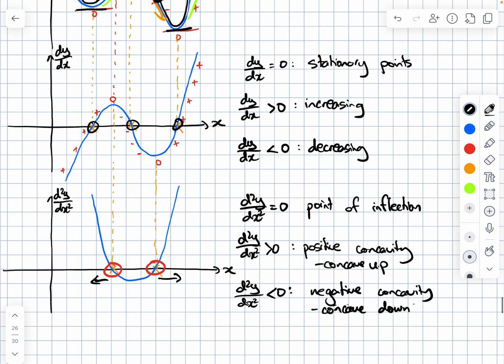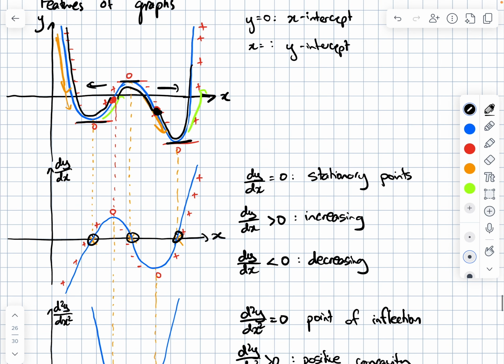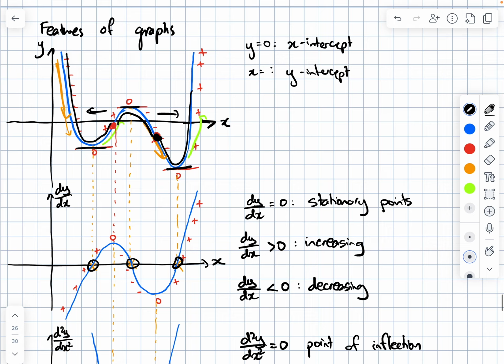Which is sometimes called concave down. Now these sketches also allow us to determine what's called the nature of a stationary point. In some questions you'll be asked to find the stationary points or the turning points, same thing, they both mean the first derivative is 0, and to describe the nature of it. So if we look at the three stationary points, we have 1, 2, and 3.